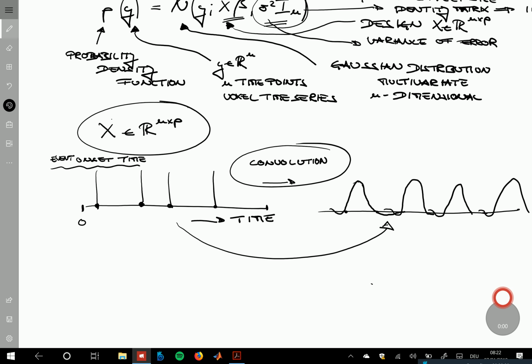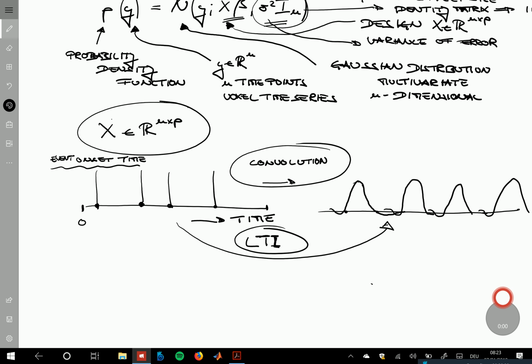So essentially, the basic story here is that if you use convolution, so if you use this approach of convolving your event onset times with the hemodynamic response function to get a predicted MR response as a regressor in your design matrix, what you implicitly assume is that the whole system of the brain, its neurovascular coupling and the MR signal acquisition is a linear time invariant system.